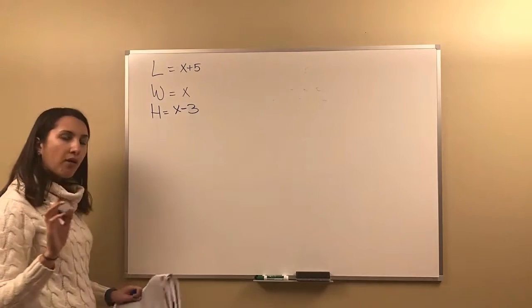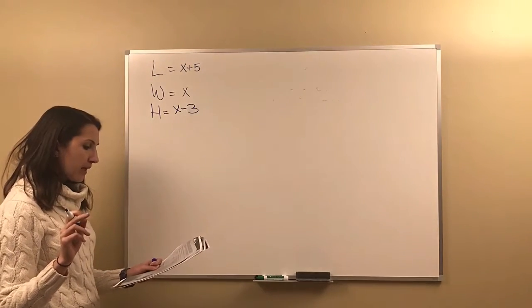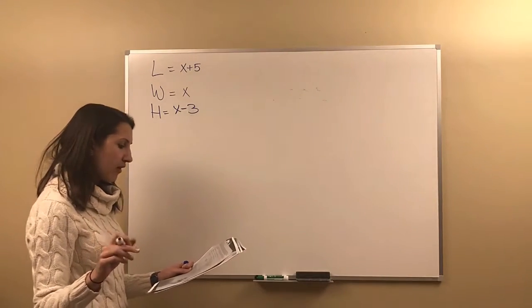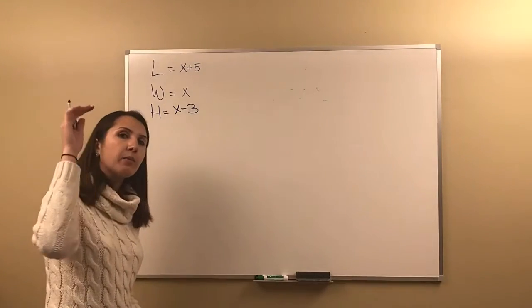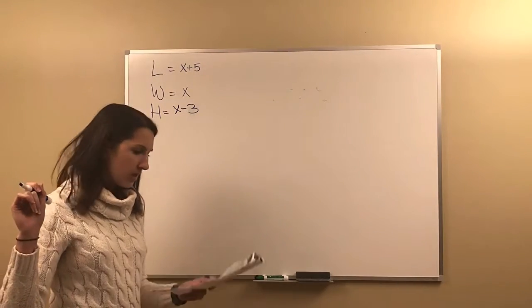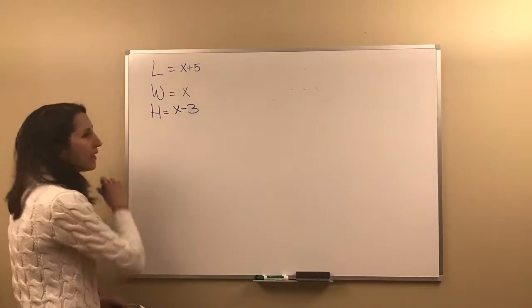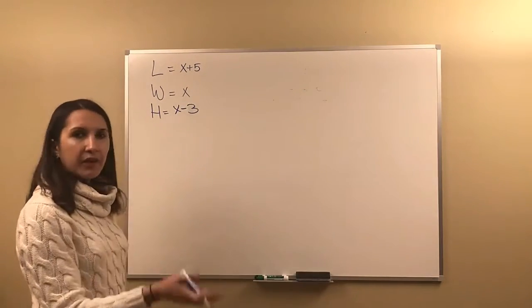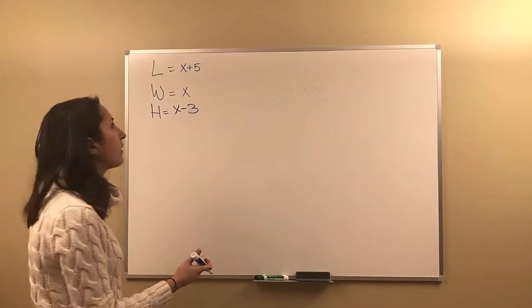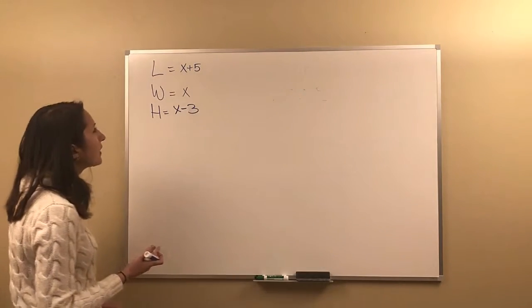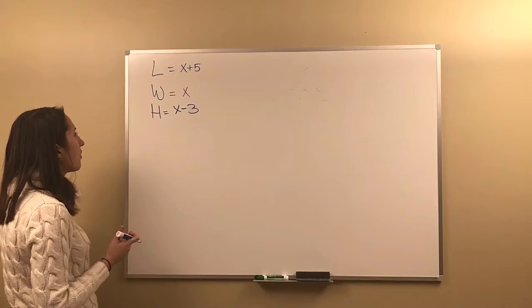So the area of all these 4 walls exceeds the sum of the area of the floor and the ceiling by 240 square feet. Okay, so we can write it and just figure it out later using the variables, so we can do it right away on the fly. So let's think about that, how we can express it.